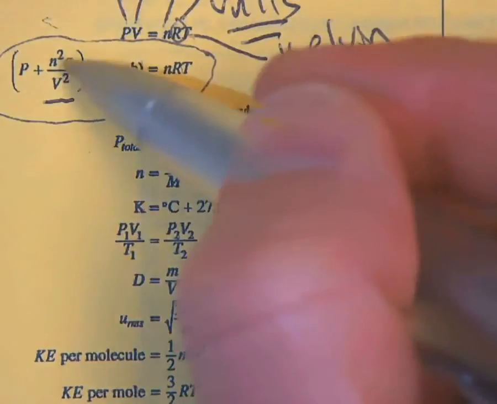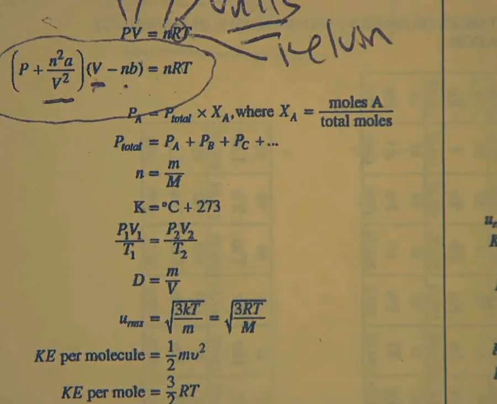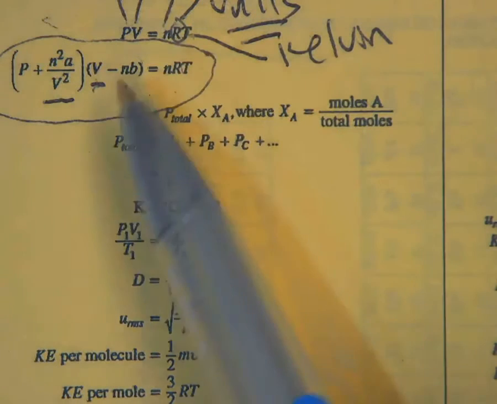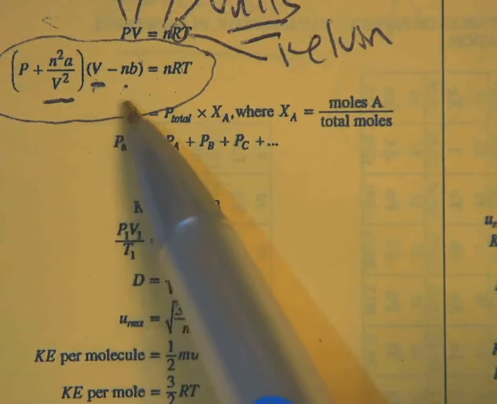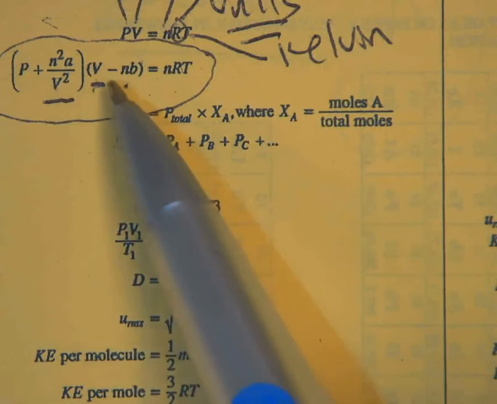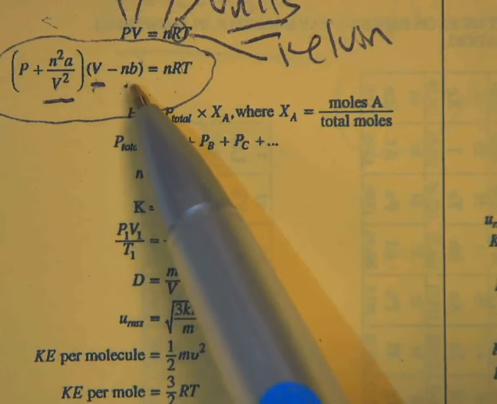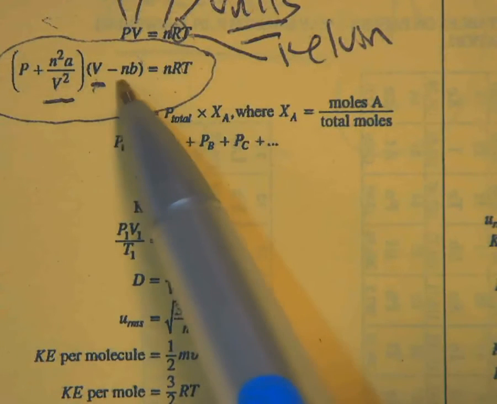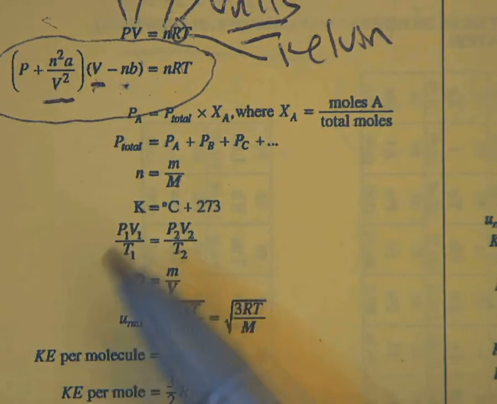So there hasn't been a calculation that's actually used this in many, many years on the exam, but there have been some questions qualitatively about what 2 factors are taken into account in real gases that are assumed to be constant in ideal gases. And you can figure those out from here. One involves volume and one involves pressure, and these are the corrections that are made.